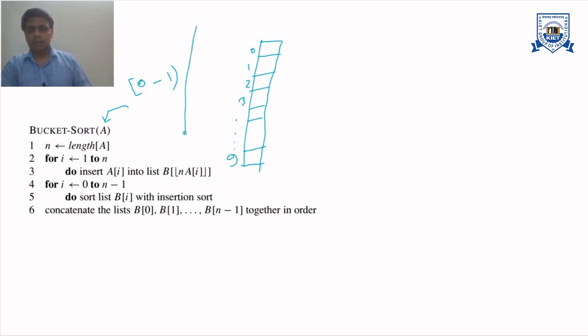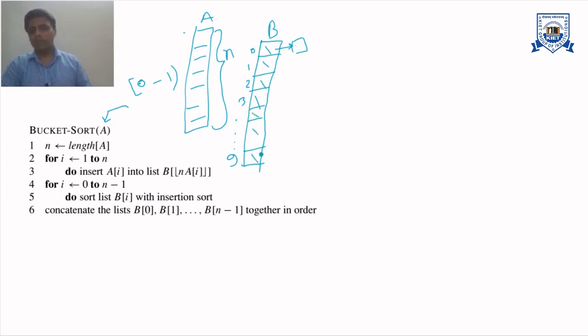Suppose our list is given in array A, there are n number of elements, and we create an array of pointers which initially point to null. So initially all the cells are pointing to null values.